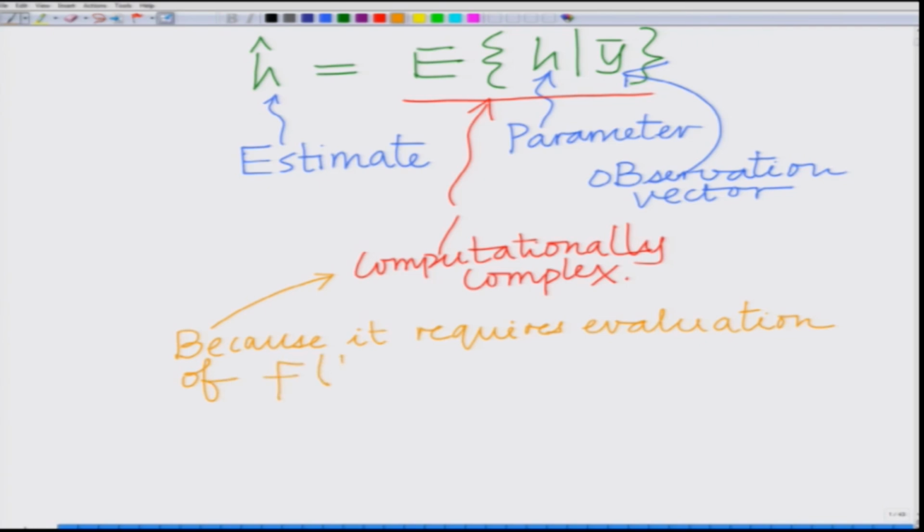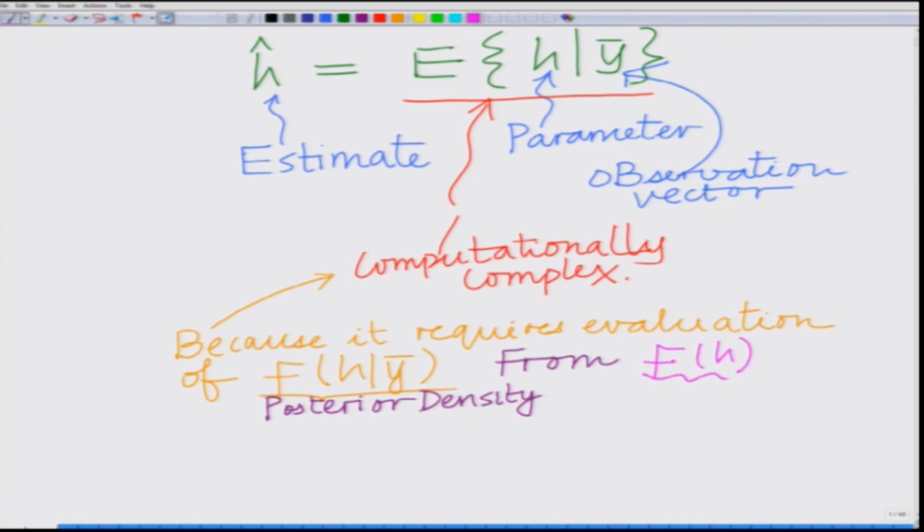Remember, this is the posterior density, which is obtained from f of h, the prior, and f of y bar given h.